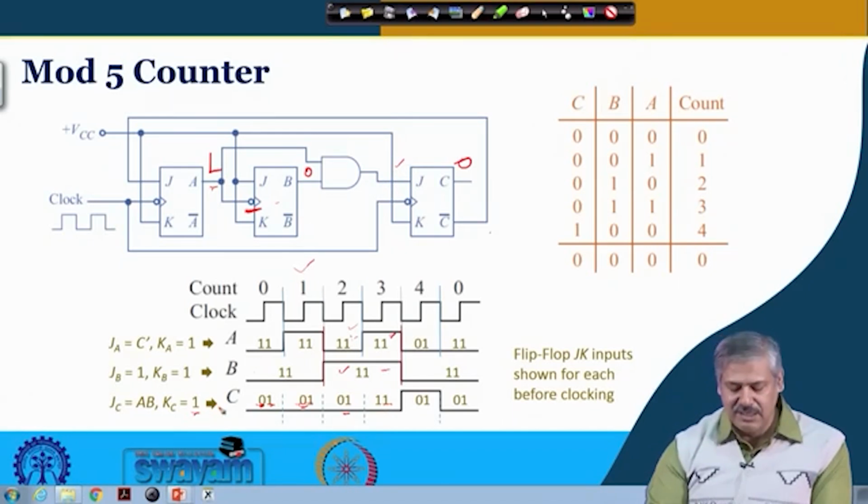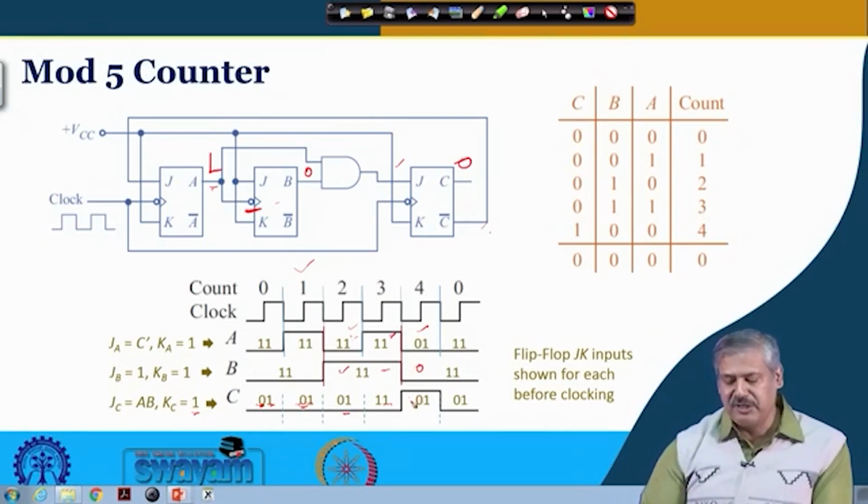Next clock trigger, C is always getting the clock, becomes 1, and before clocking, of course, C bar was 1, so A has toggled, and there is a negative edge, so it has also toggled, for which P has become 0.